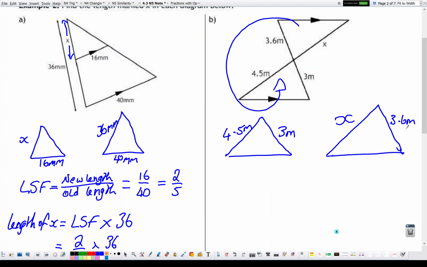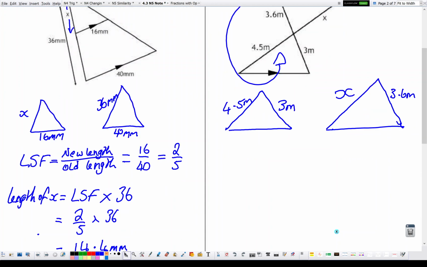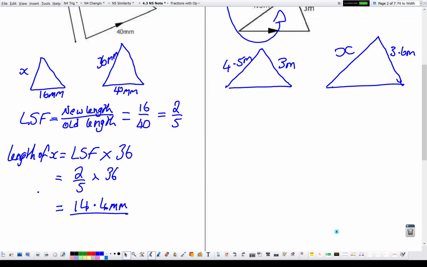So find the length scale factor. The 2 corresponding sides we're given are the 3 and the 3.6, so that's the 2 we need for the length scale factor. Then we're going to multiply it by the 4.5. Alright, so we're just doing the same as before. So length scale factor is going to be the new length divided by the old length.